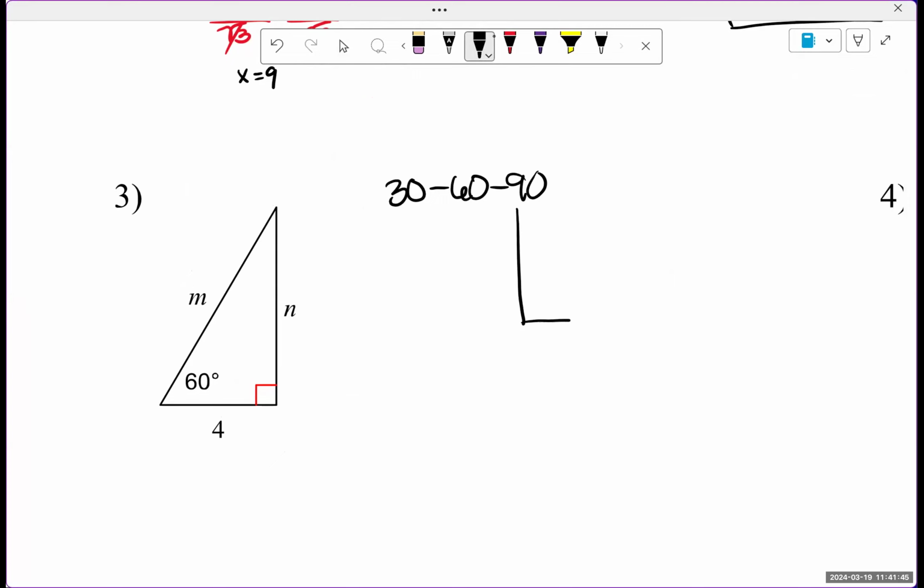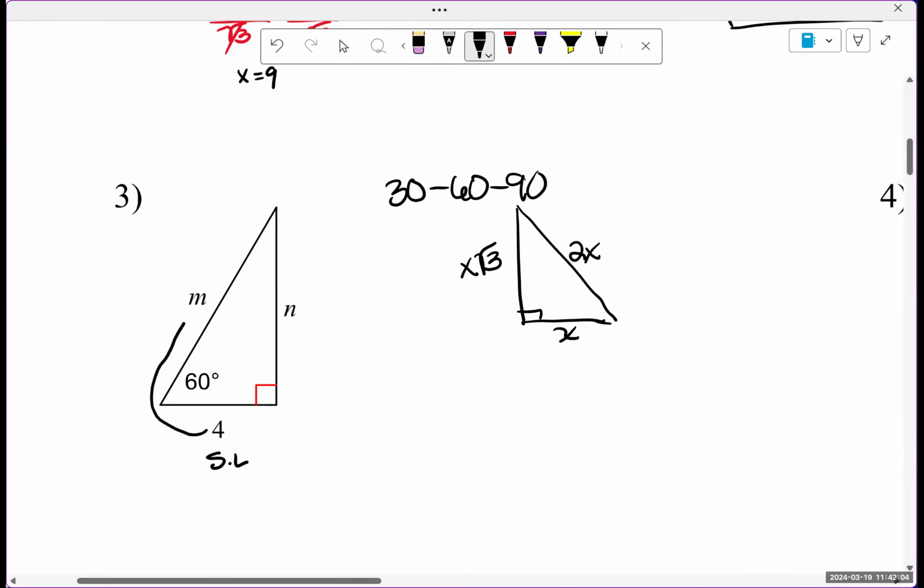Here is my parent triangle. The short leg is x, the hypotenuse is double that, 2x, and the long leg is x rad 3. Oh yeah, I have the short leg. If the short leg is 4, how much is the hypotenuse? 8, double.